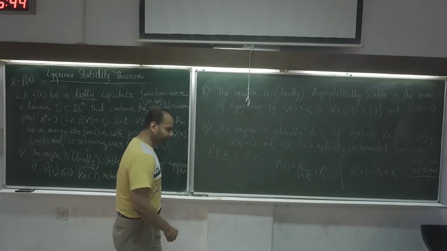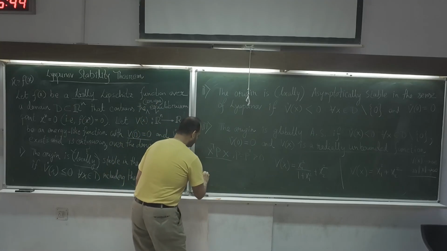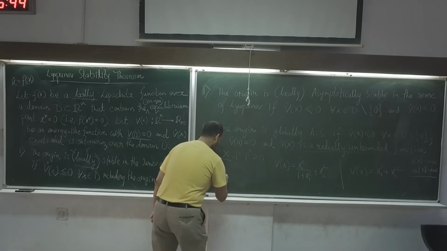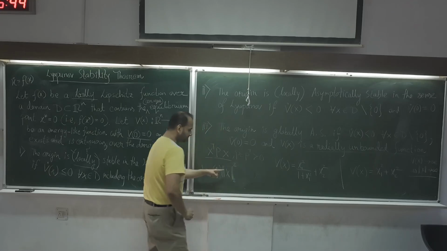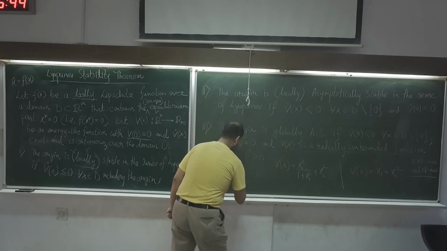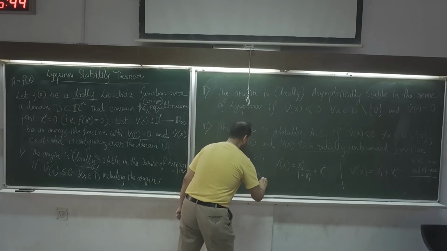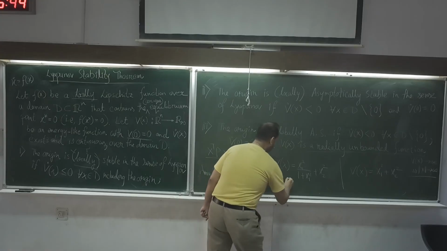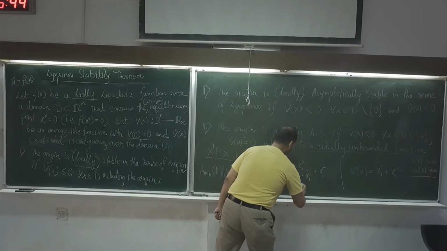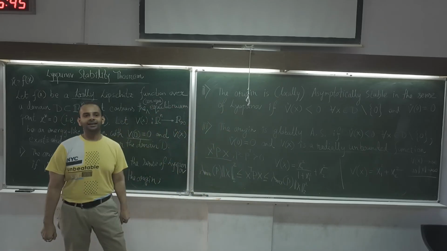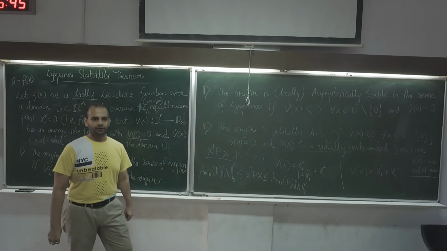It means lambda min of P times x transpose x is less than or equal to x transpose Px, which is less than or equal to lambda max of P times x transpose x. This is called Rayleigh's inequality.